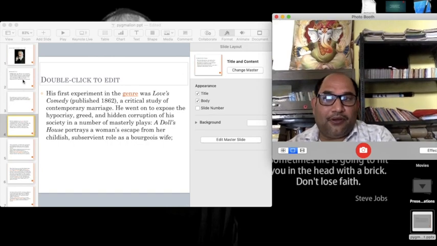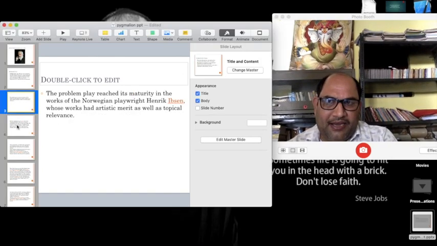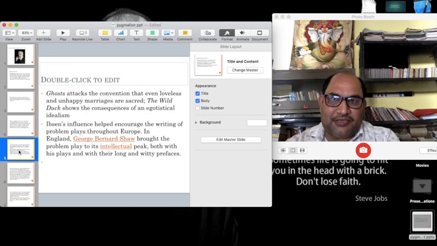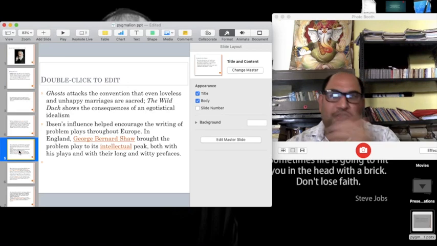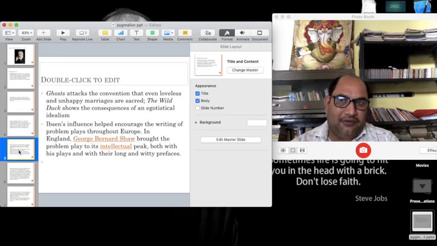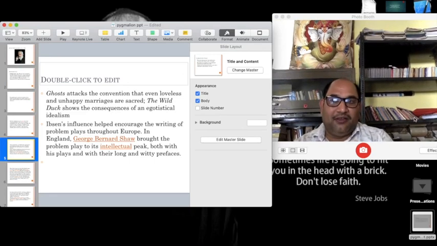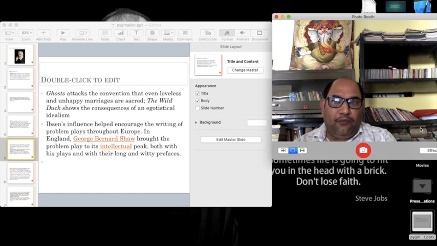Now, so we find that Ibsen actually started these kinds of plays. Ghosts, for example, attacks the convention that even loveless and unhappy marriages are sacred. Now, the influence of Ibsen can be seen on the plays of George Bernard Shaw.